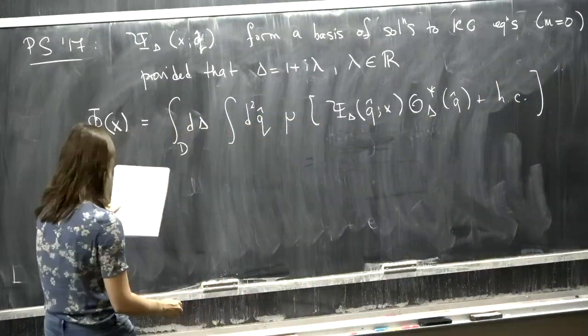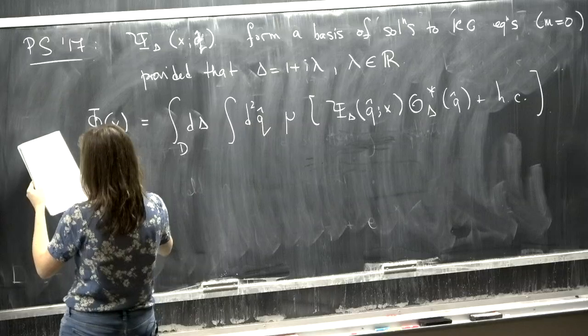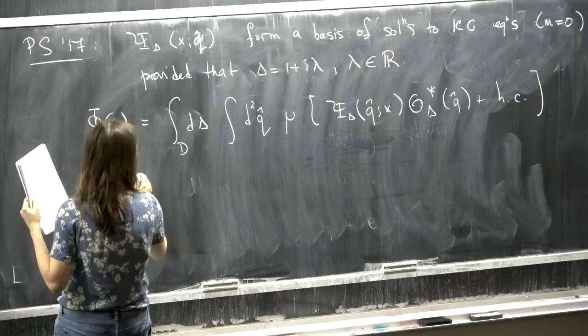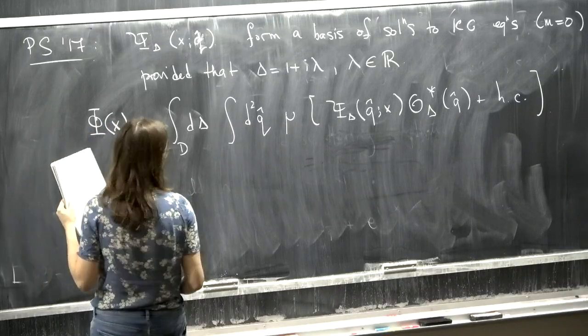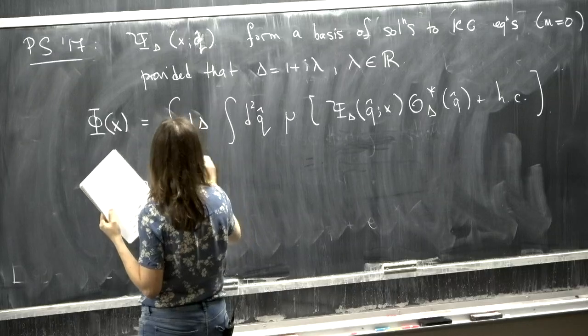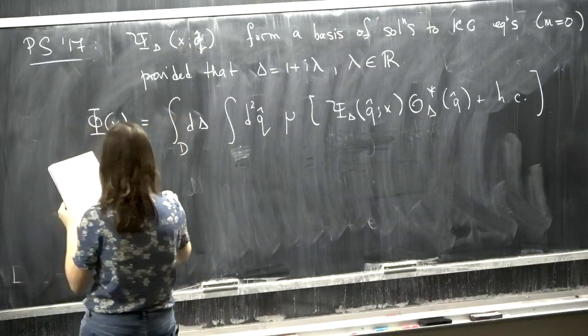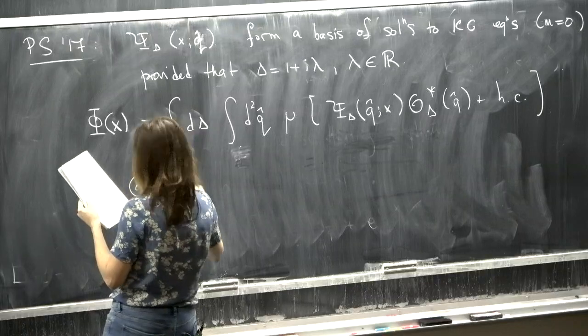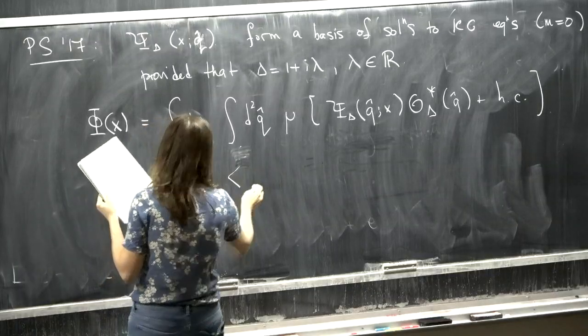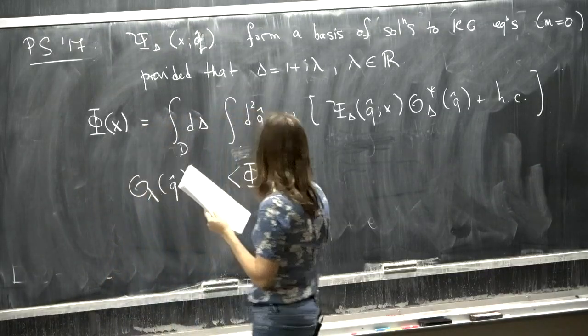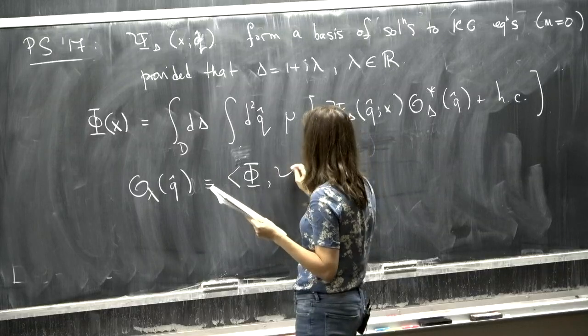So let me just write that down. So O lambda, and here delta is 1 plus i lambda. I defined what lambda is, so O lambda of q hat are just defined by taking Klein-Gordon inner products of the bulk field phi with these wave functions.